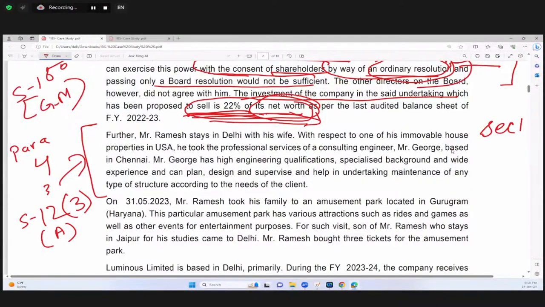Here Mr. George is a consulting engineer, so he is providing this service, which is covered in 12(3) clause A.